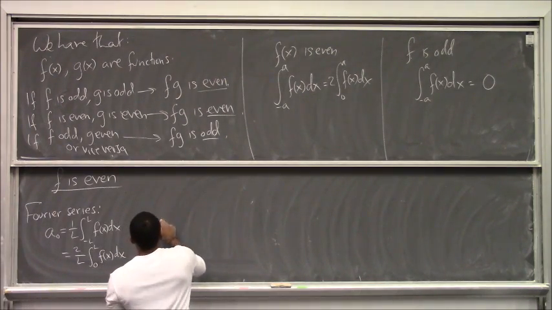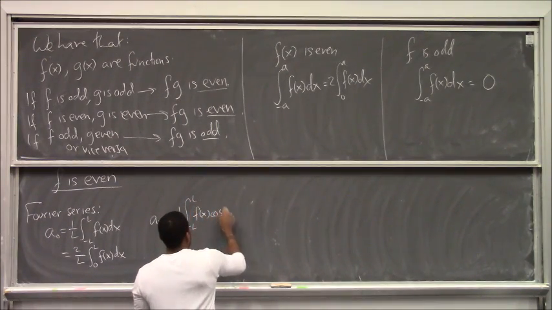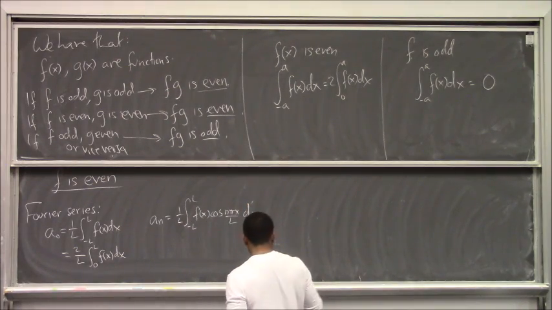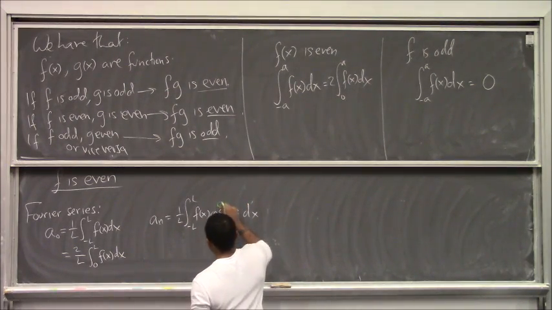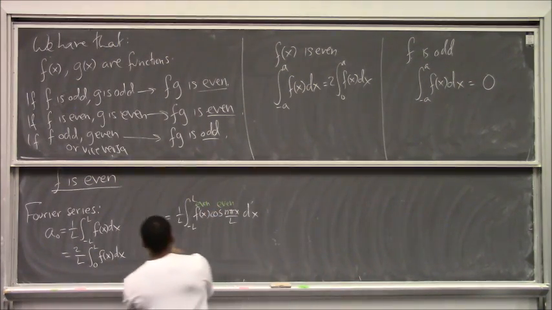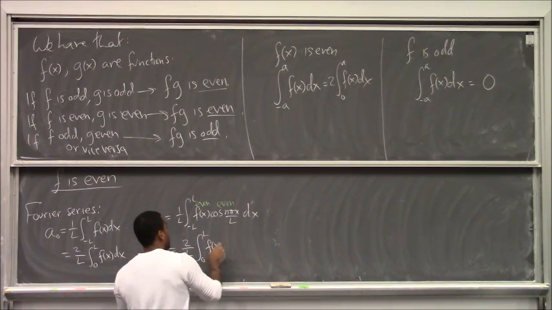What about the an? Well, that's going to be 1 over L times the integral from minus L to L of f of x times cosine of n pi x over L dx. Now, cosine is even, and my f is even, so the product is therefore even. And so I'd be able to just do 2 over L times the integral from 0 to L of this function.